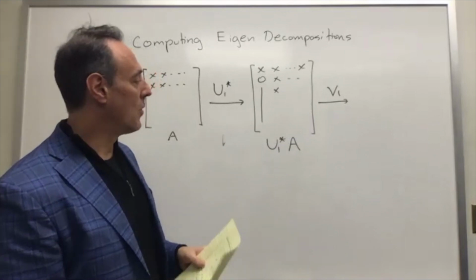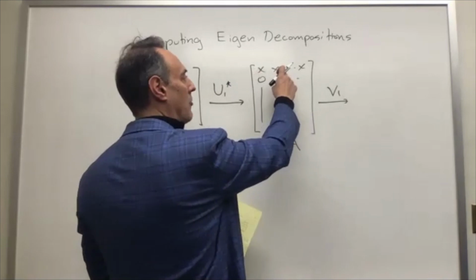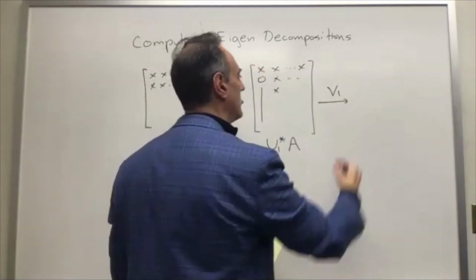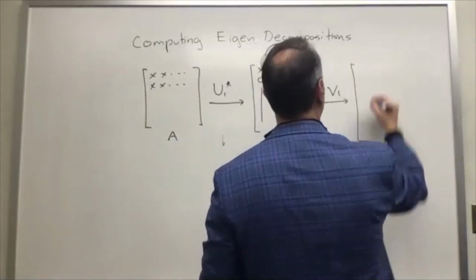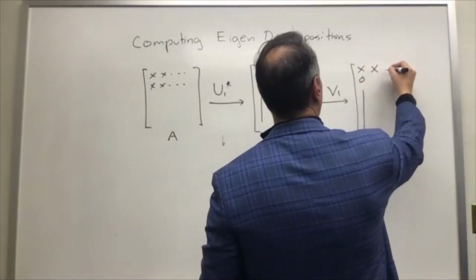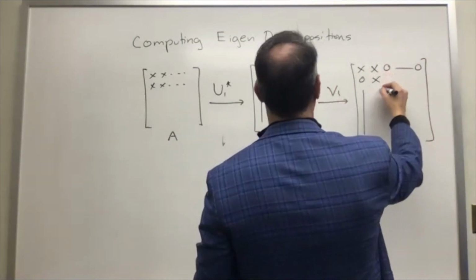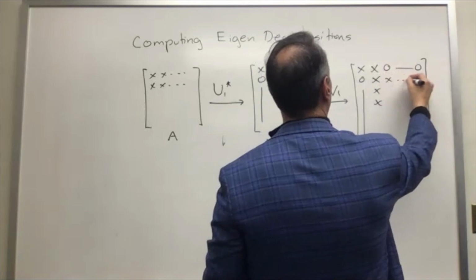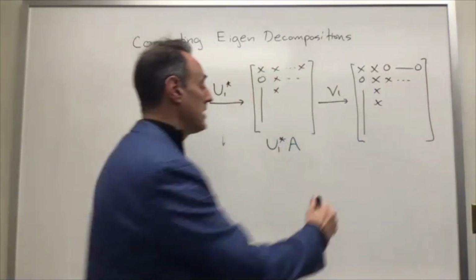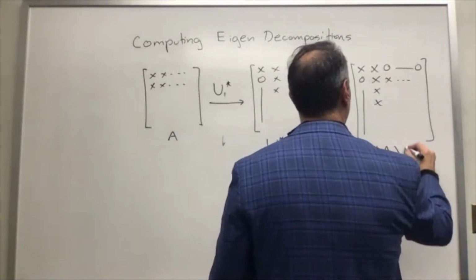What I want to do with V1 now, though, is get the bidiagonal form. I want all these to be 0 in that first row now. So I'm going to work in row space, and make this all zeros, and now I want zeros all the way to N here. Something like this. So this is U1 star A V1.